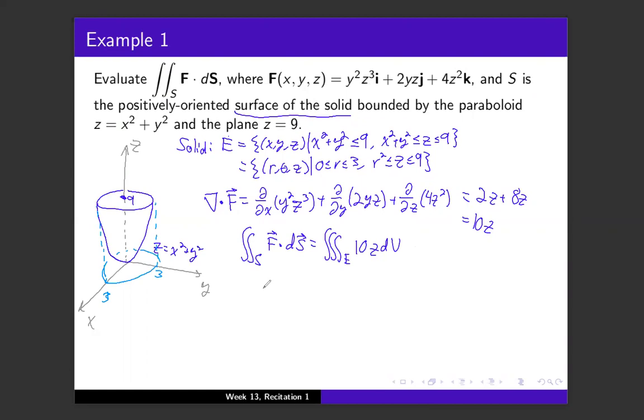Now, probably the best thing to do here is to convert this thing into cylindrical coordinates. So theta can go from 0 to 2 pi, r can go from 0 to 3, and z is going to go from r squared to 9 of 10z, 10z r dz dr d theta.